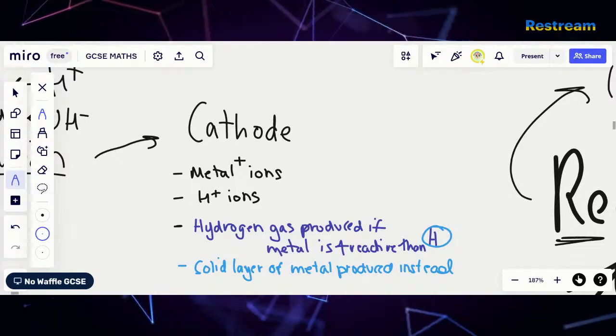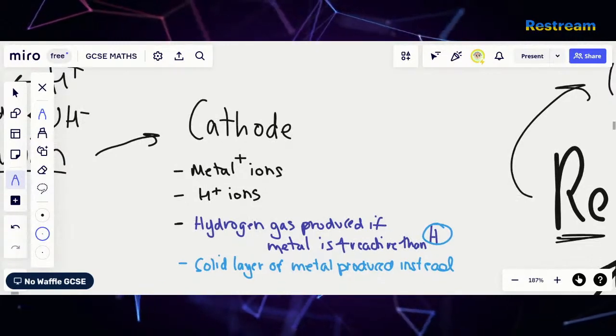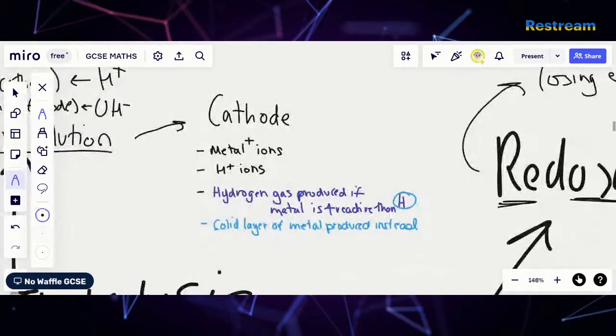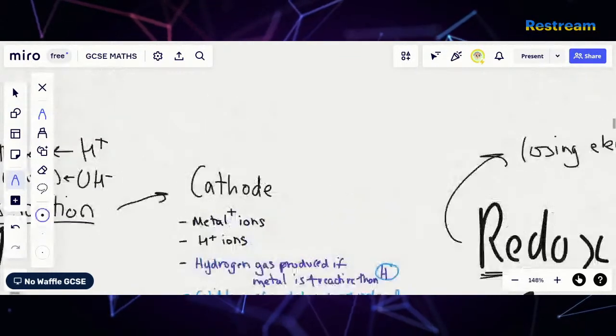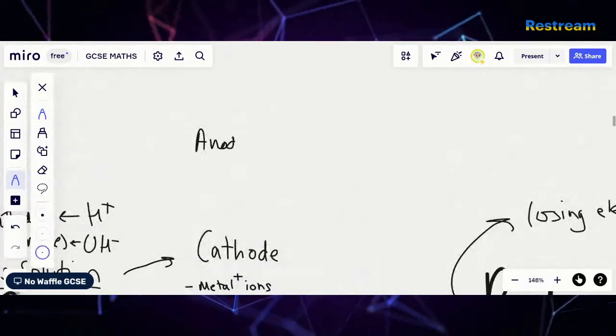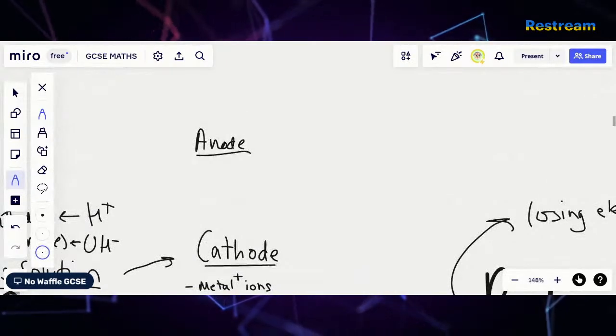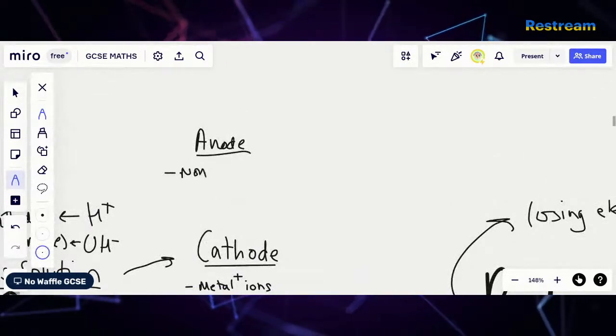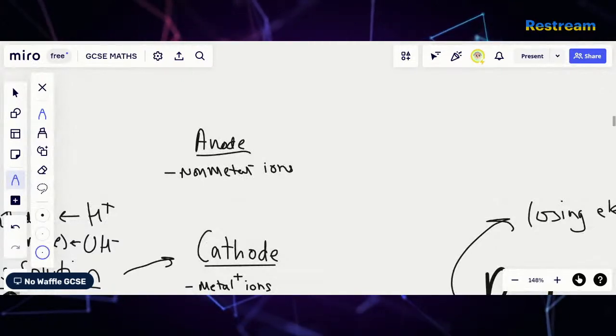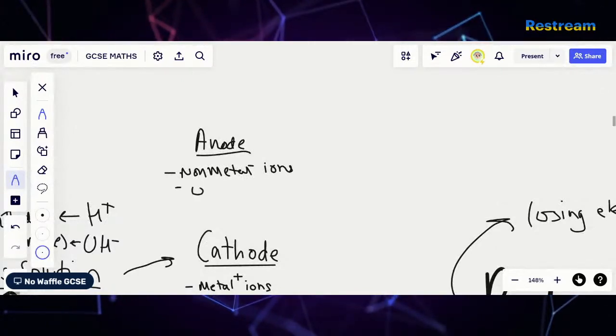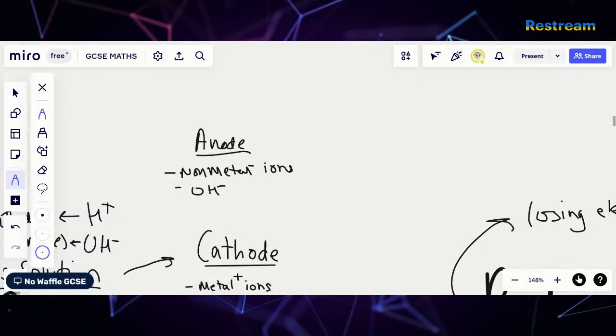Now, the anode equally has its own rules. So at the anode, we see the non-metal negative ions and we see the hydroxide ions.